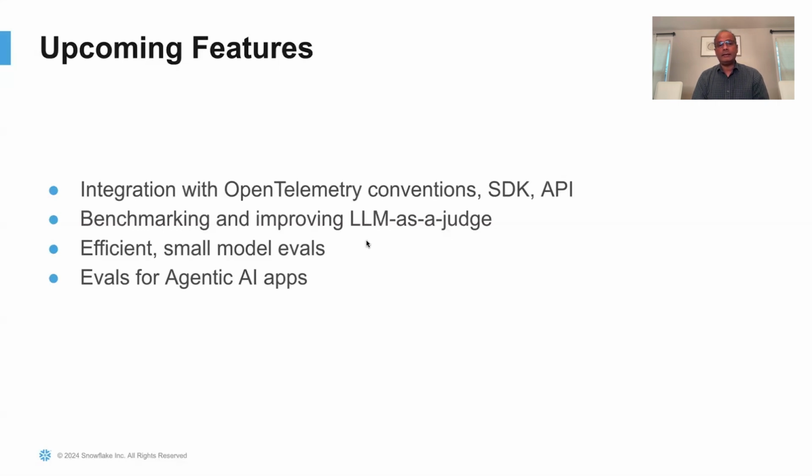Second, we are working on benchmarking and improving LLMs as judges. Third, we are working on efficient small model evals that scale better while also being accurate. And finally, we are expanding the scope to cover evaluations for agentic AI applications.